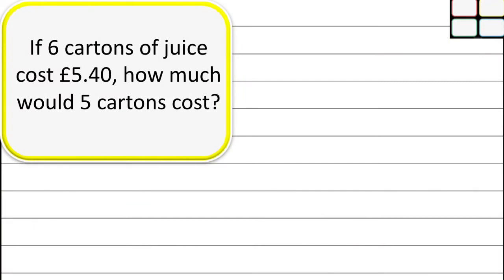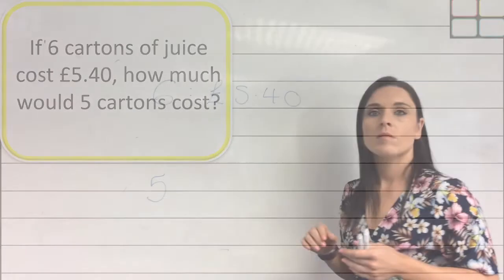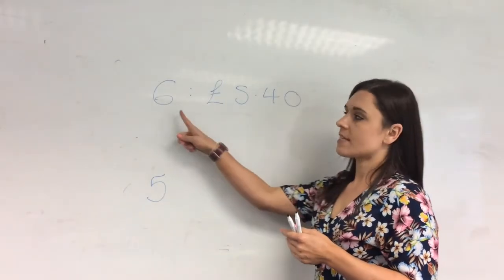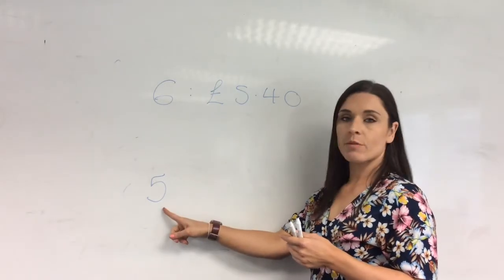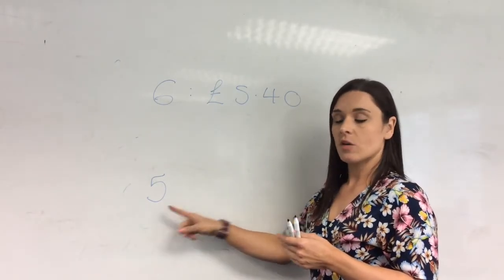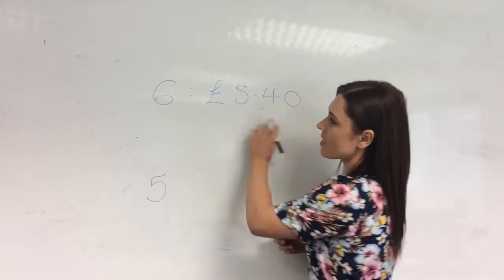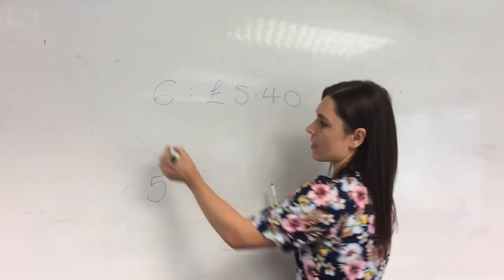Now try using the same method to answer this question. Again, pause the video and the answer will come up next. Here we know that 6 cartons costs £5.40 and we want to know how much 5 cartons cost. Again, we use a unitary method and put this ratio in the form 1 to n.